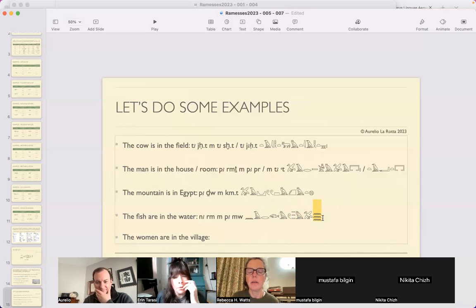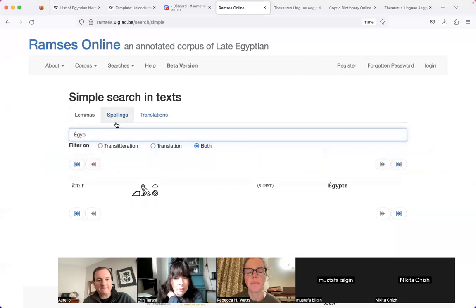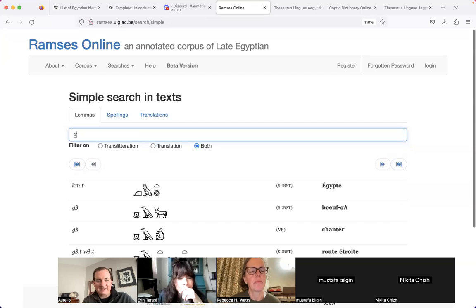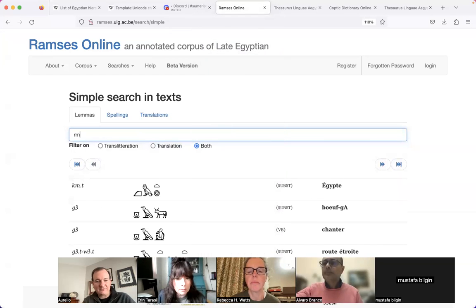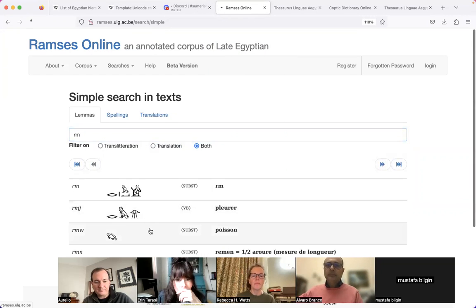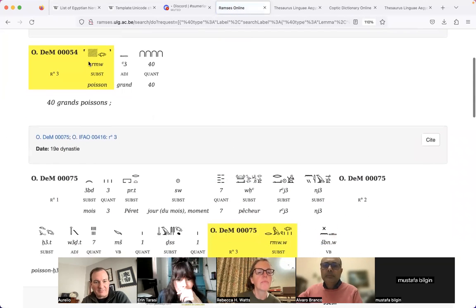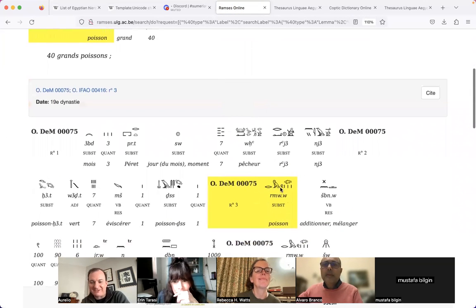Would you put the M before the fish determinative? I think you rather could. Than, yeah, after? I think so. Let's have a look. I feel like I've seen it more that way, but I might be wrong. I'm honestly not sure. Let's take a look. Okay, that's a cop out. You can just write the determinative. Here you go. Remo.